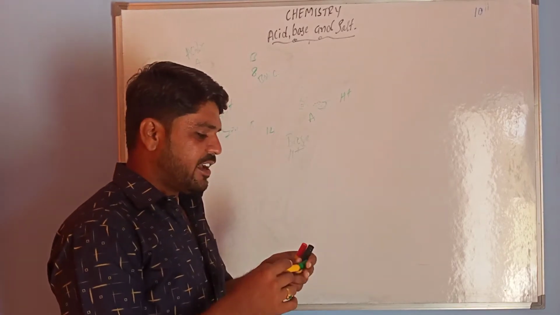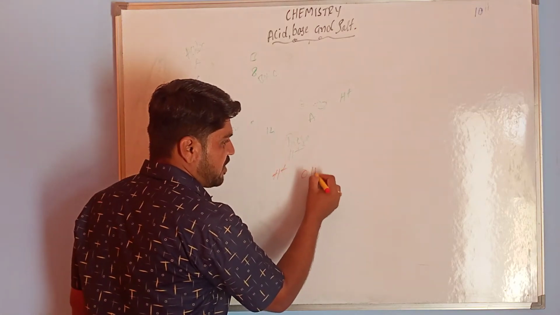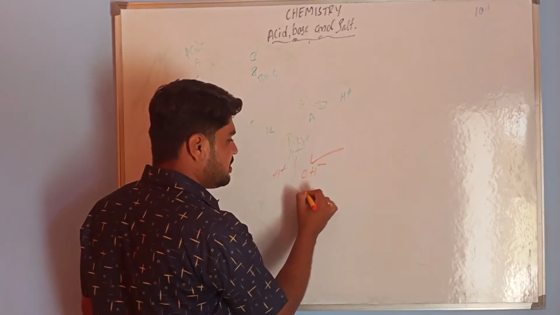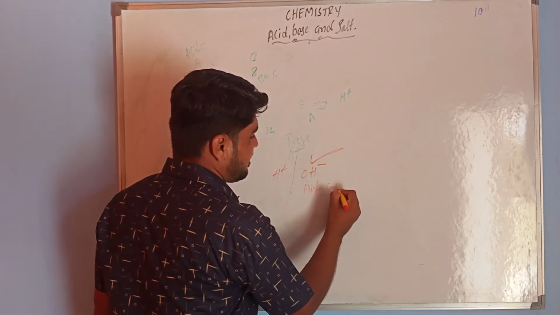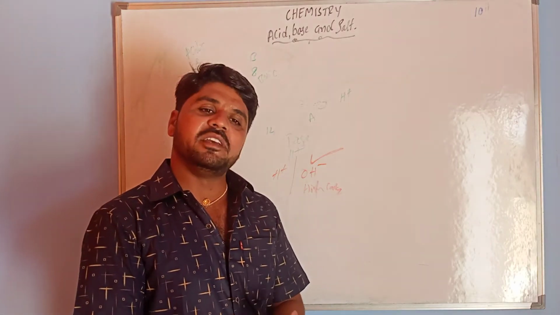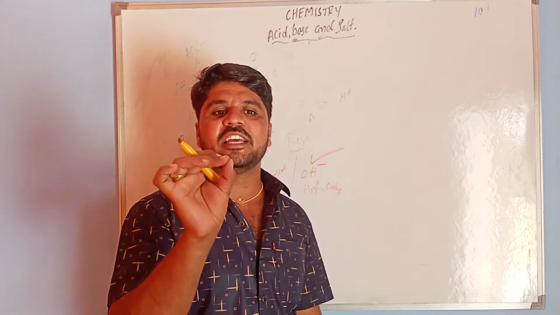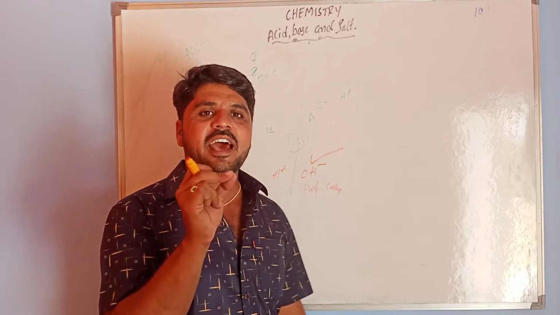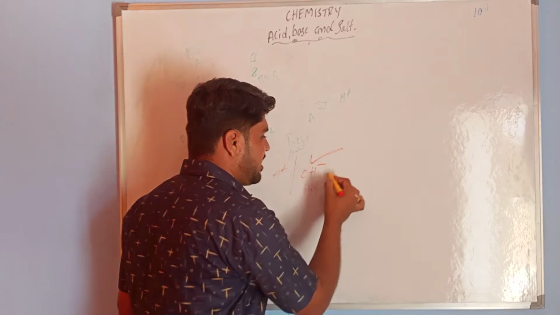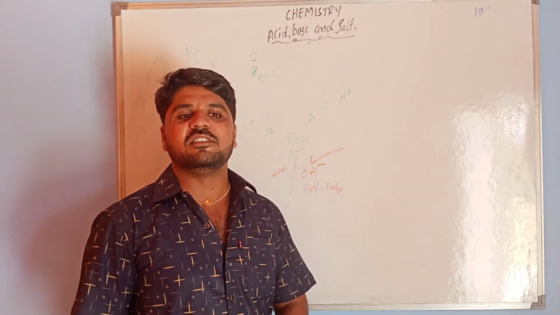But when compared to H plus ions and OH minus ions, the OH minus ion concentration is high. That's why we call them basic. So, do bases also have H plus ions? Yes. Then why are they basic? Because of high OH minus ion concentration.